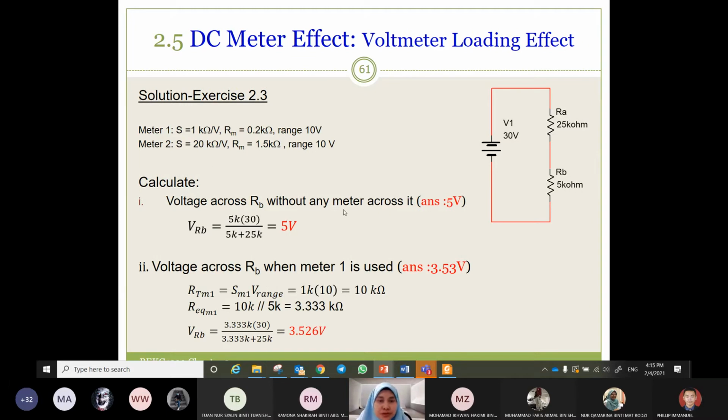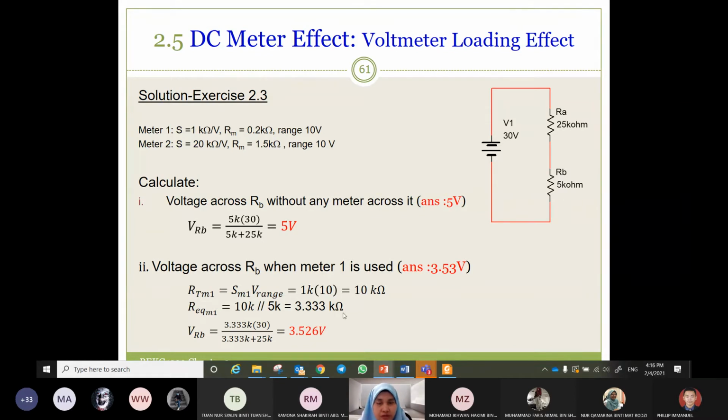The first is to find VRB without any meter, meaning from the calculation, the actual or from the theory. This is by using the voltage divider principle: 5K over 5K plus 25K, multiplied with the voltage source 30 volt, we get 5 volt. Now we use the first voltmeter, meter 1. We want to know what is the R of the voltmeter.